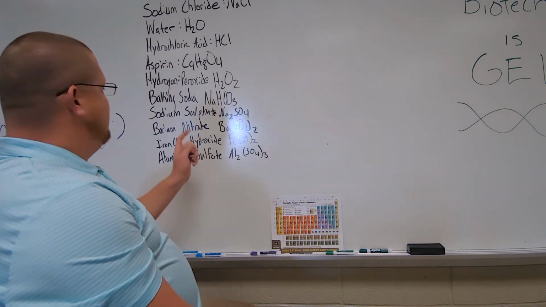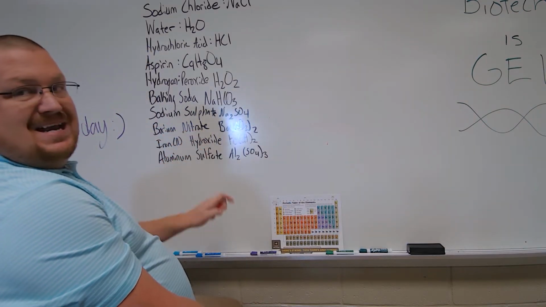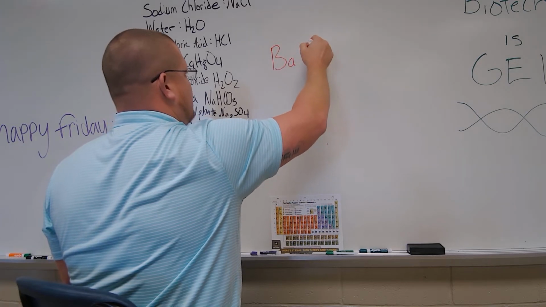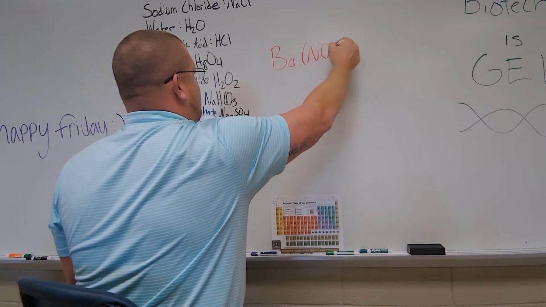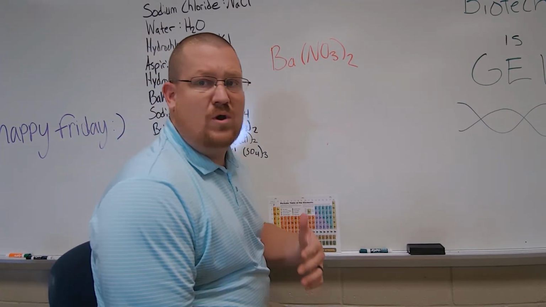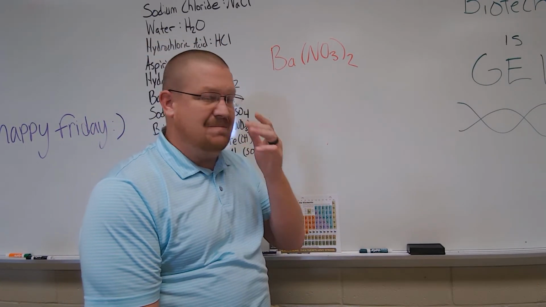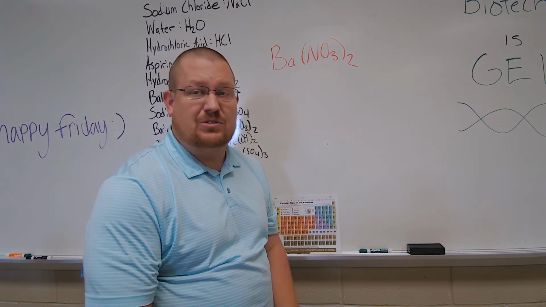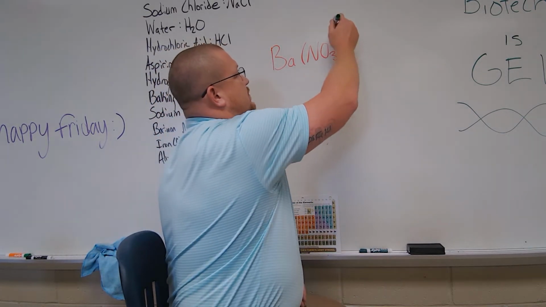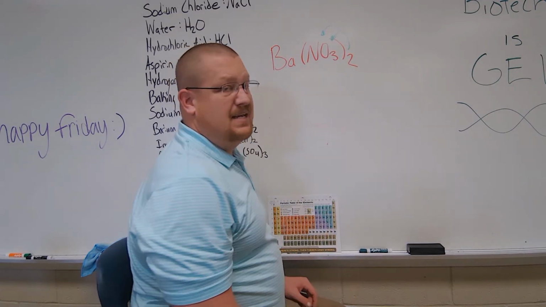Right. Up next, barium nitrate. So we got BaNO3(2). Now, one quick way you can do this, the way I would do it in my head once you get used to it, is use your distributive property of mass, distribute this 2 in through there.